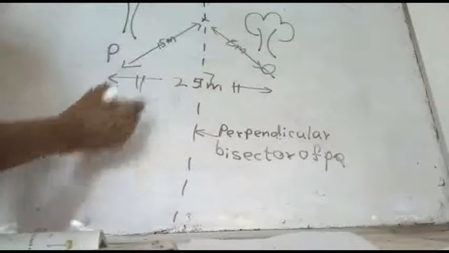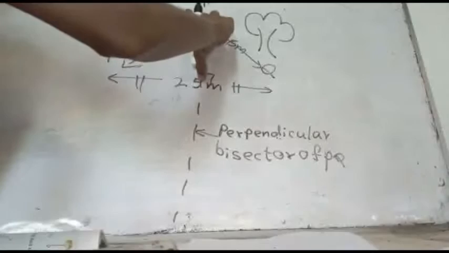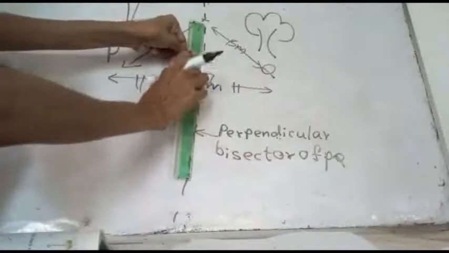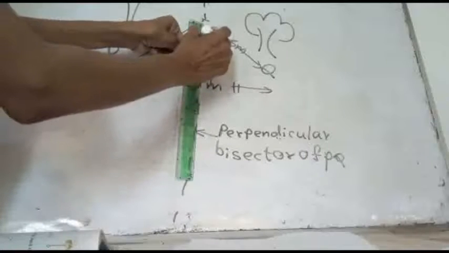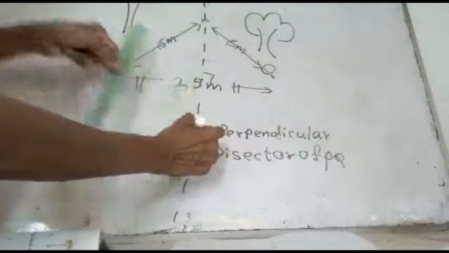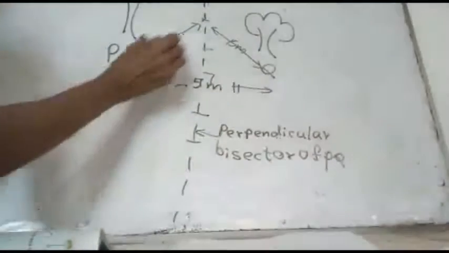This is one point. Here is another point. It is equidistant. These two distances are equal.